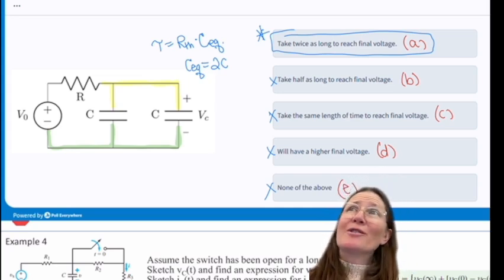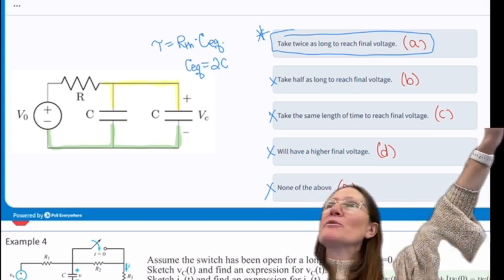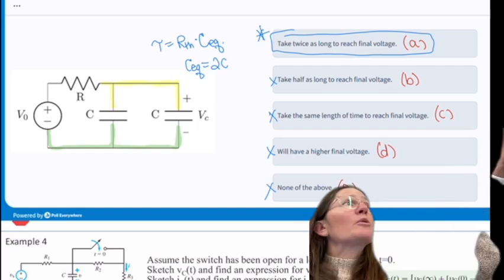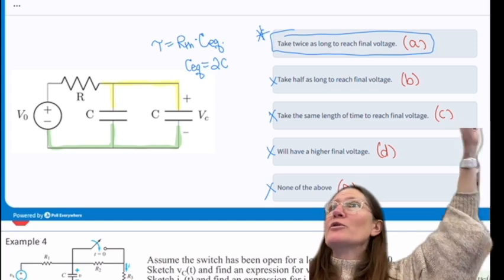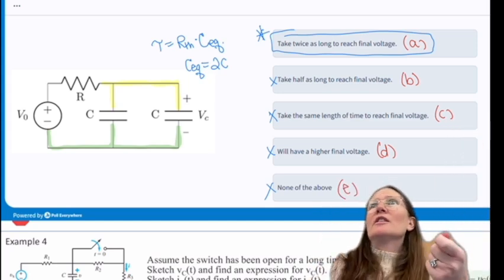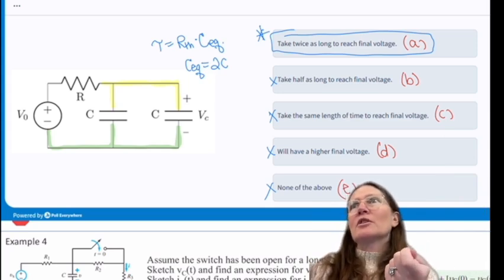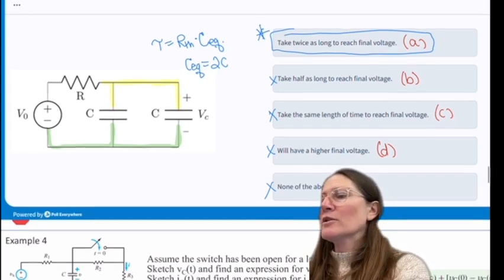So they're in parallel, right? So the node above them has to be the same voltage, and the node below them has to be the same voltage. So they will both have VC across them, but that's only VC. If I was to measure this with a multimeter, the yellow one and the green one, it's just going to be VC. And remember, they're going to look like they're open at the end, so that wire looks the same.